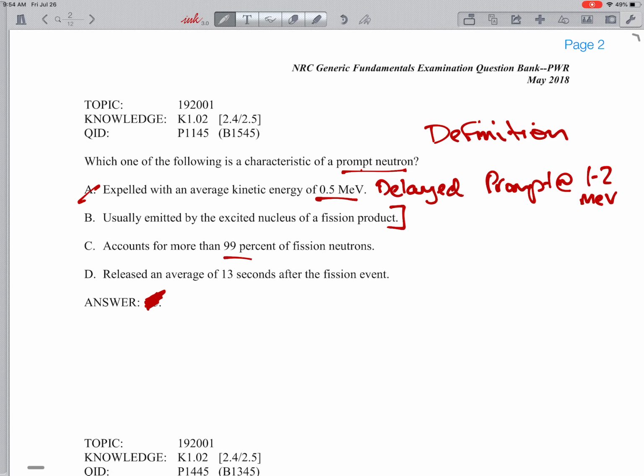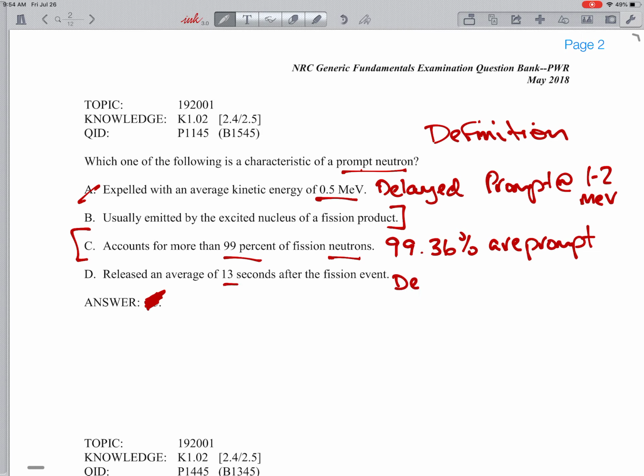C: accounts for more than 99% of fission neutrons. Hey, I like that one. Remember, 99.36% are prompt. I really like that one, I'm going to box that one in. And D: released an average of 13 seconds after the fission event.